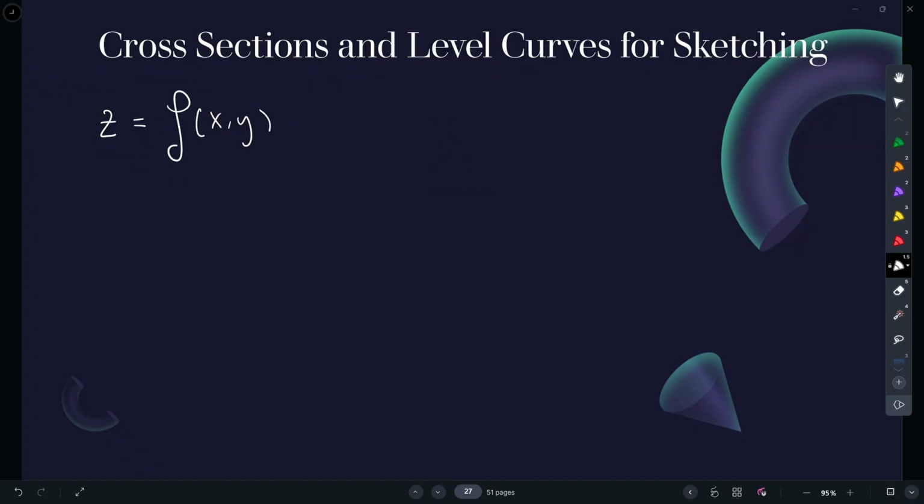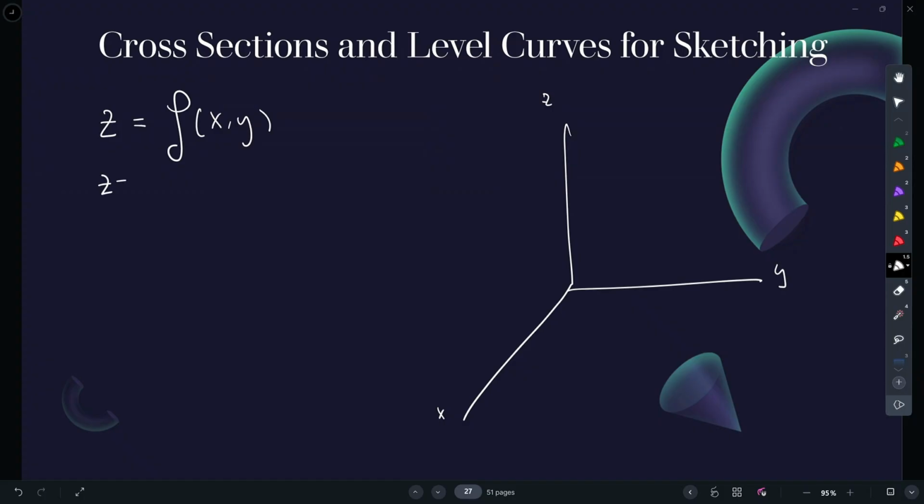Those are my values. And I want to draw my graph. First, I'm going to do the cross sections when I put z equals a constant. Those are called level curves. Those are my cross sections that are parallel to the xy plane, but they have a special name, which is level curves.